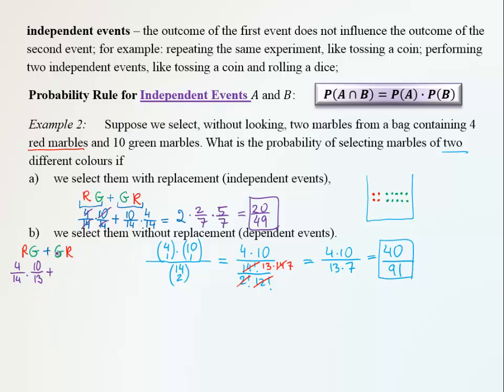Plus, again, to pick the green originally, it will be 10 out of 14, but then the red one will be 4 out of 13.